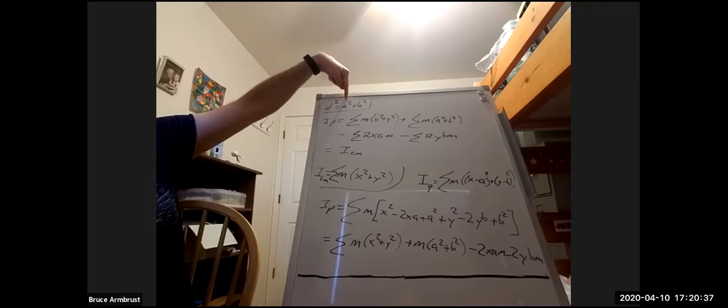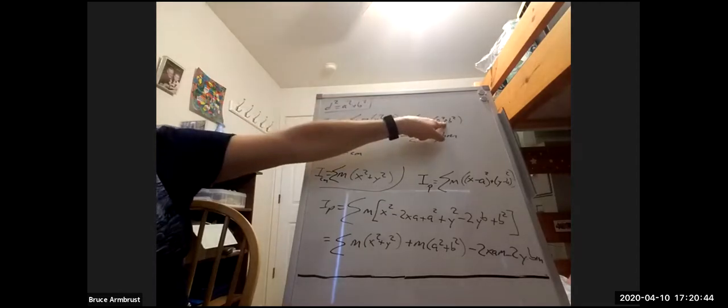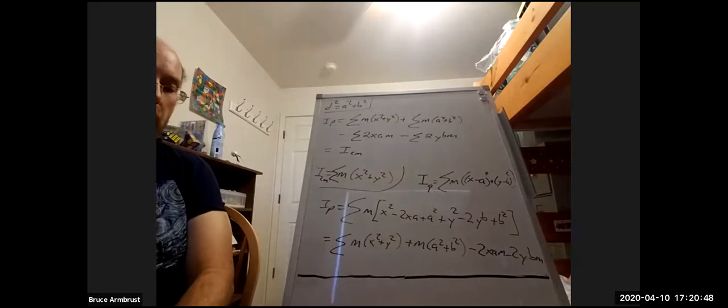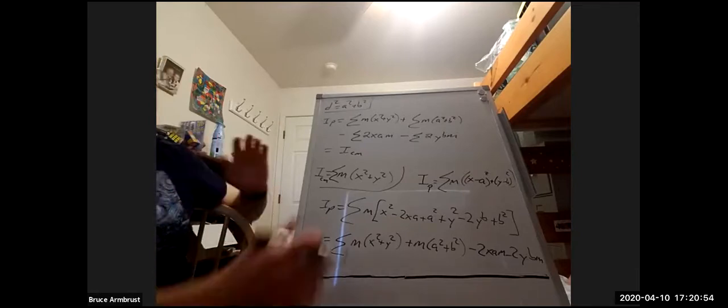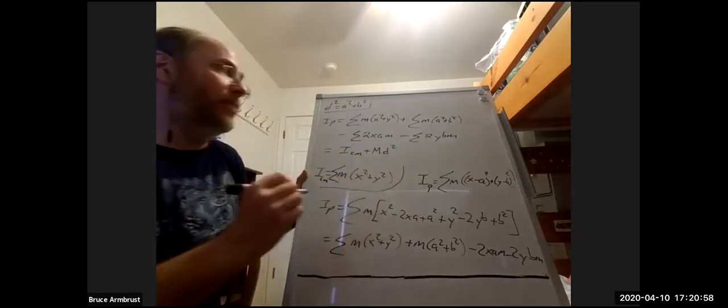That's how far away that new axis is from the center of mass. So this is going to be d squared times the sum of the masses of all the little chunks. Well, if we add up the masses of all the little chunks, it's the mass of the entire thing. So that becomes plus md squared.